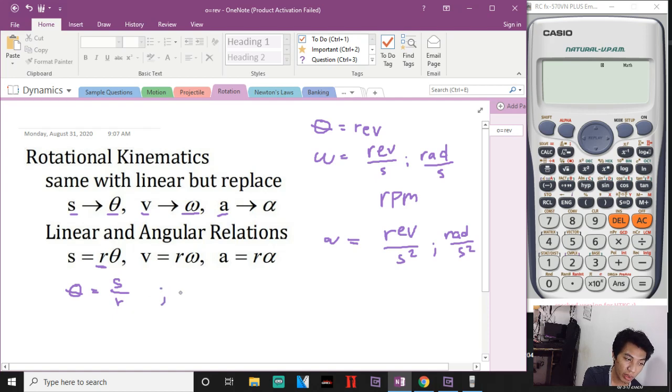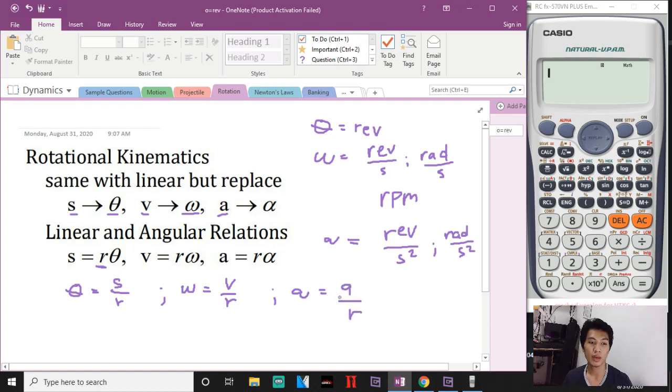Okay? Ganun din yung iyong V or yung omega. Para makuha mo si omega, i-divide mo lang si V ng R. Radius, okay? Ganun din yung iyong acceleration alpha. Equal yan sa yung acceleration mo divide by radius. So, ganyan lang natin din-note yung rotational motion.